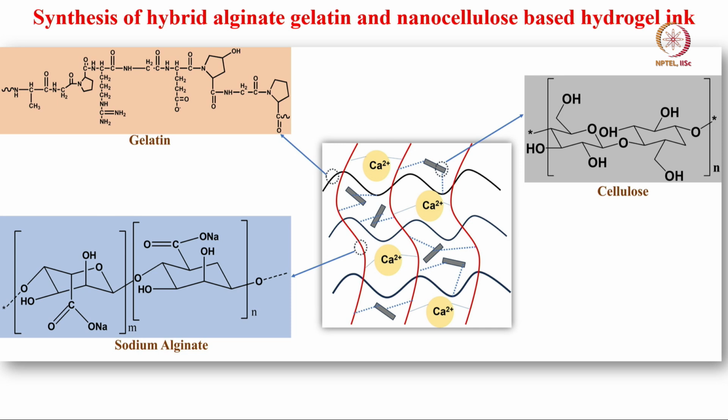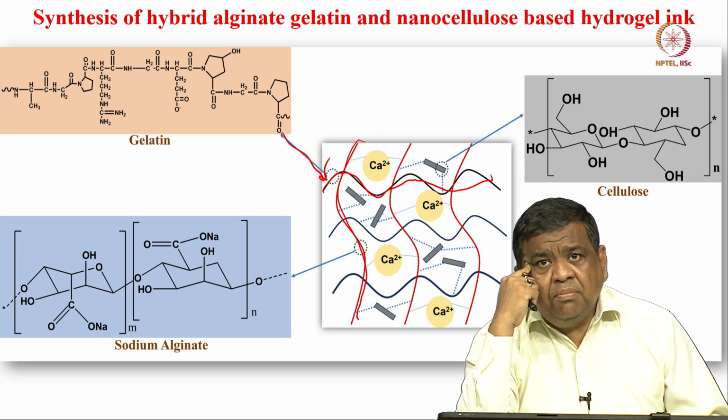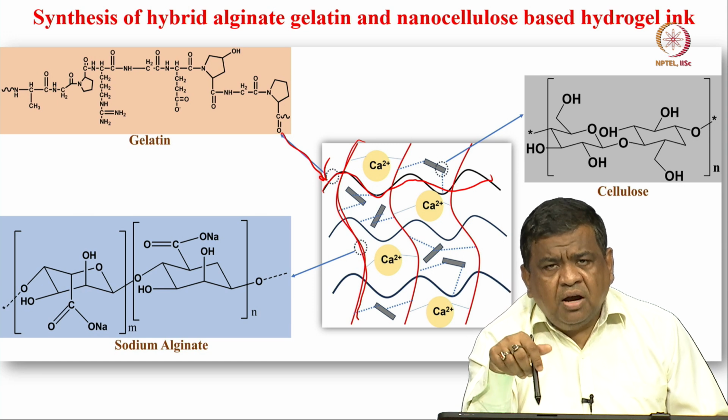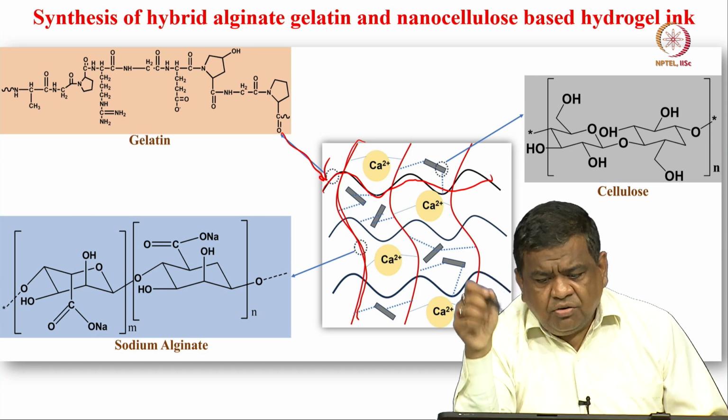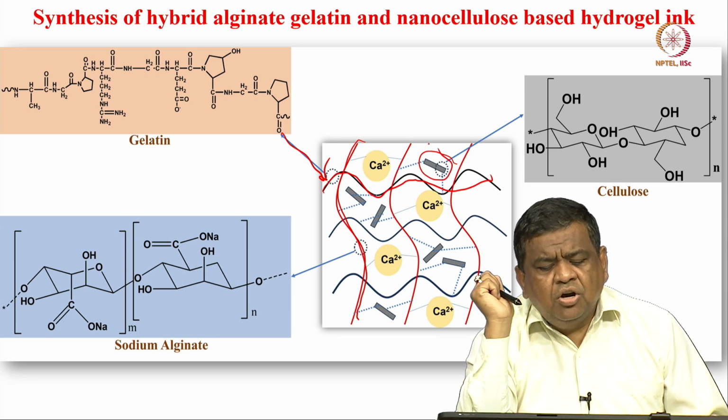So, when you add these nanocellulose particles, you have the sodium alginate. One chain is gelatin, and these other red chains are sodium alginate, right. So, these are multipolymer or bipolymer or hybrid polymeric hydrogels, and then you have carboxycellulose nanoparticles which are embedded in this kind of matrix.